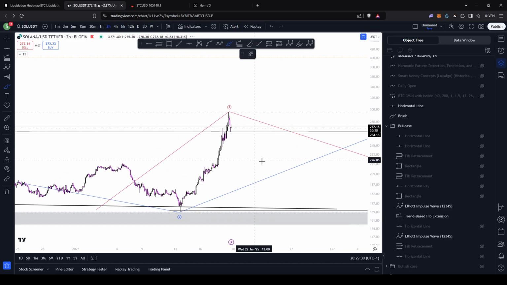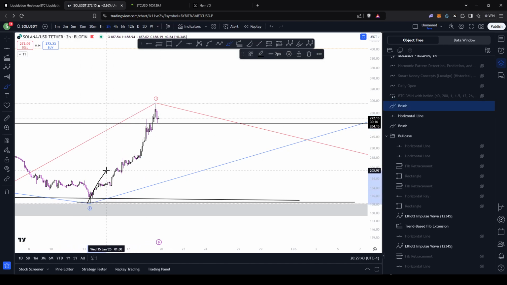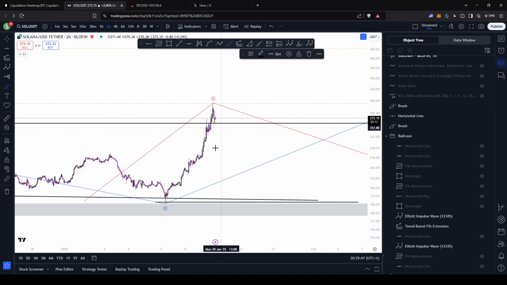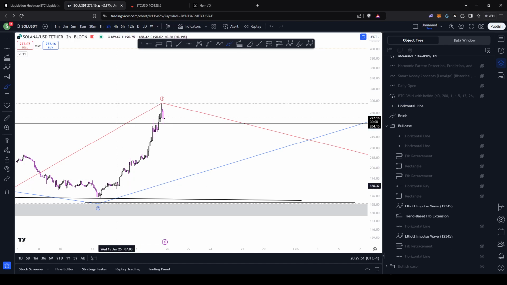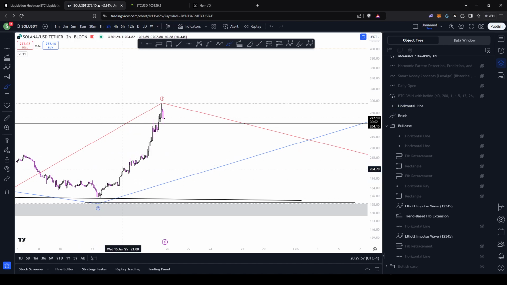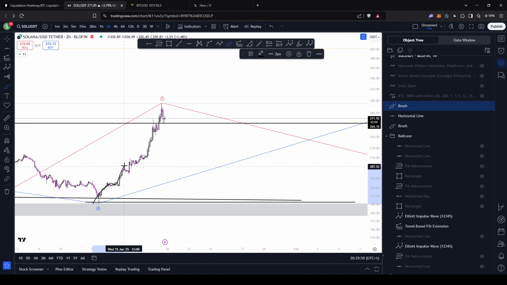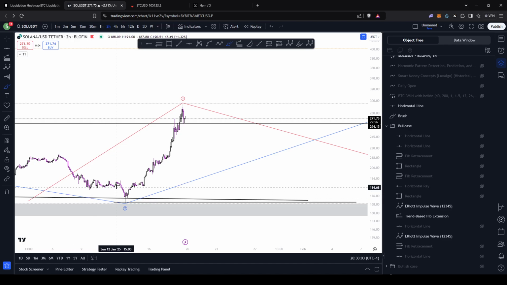Even if we could try to count this where you have a 1 2 3 4 5, because this right now looks very single wavy. Basically, you do have this very small structure that you could count potentially on the lower time frames, but it's such a difficult count. I'm not even going to try it.